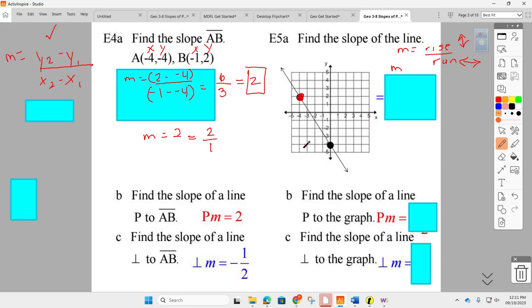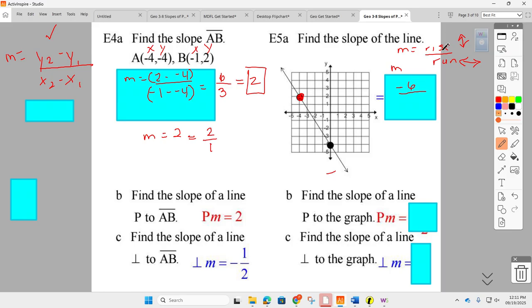So that is our rise. So we're going to count 1, 2, 3, 4, 5, 6. I got 6. Is that what y'all got? All right, and we went down, so you have to remember going down on the coordinate plane is negative. So we went down 6, so that rise is negative 6.